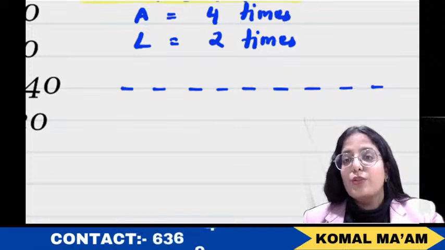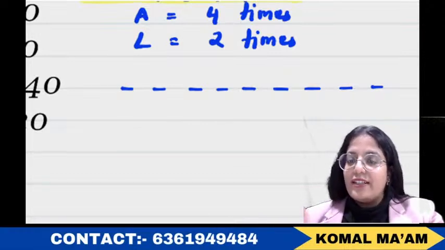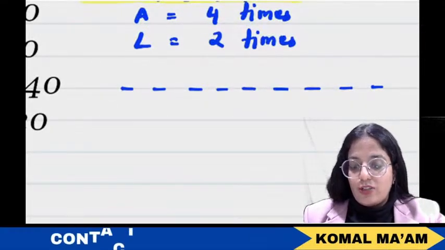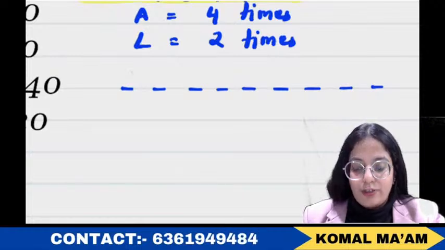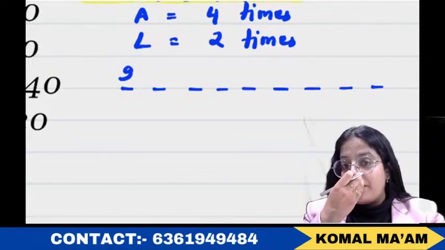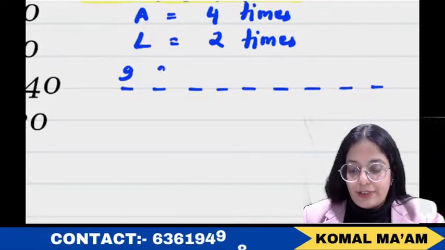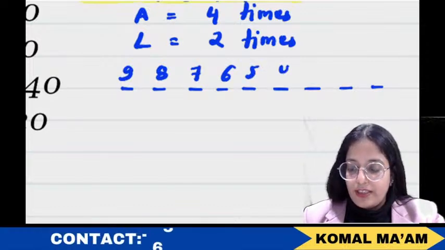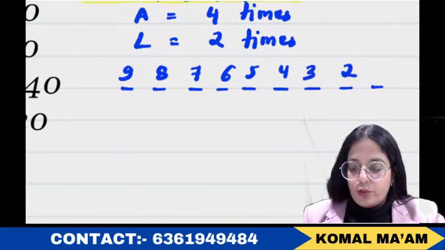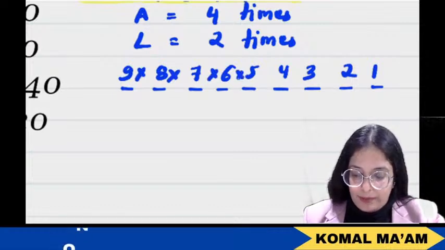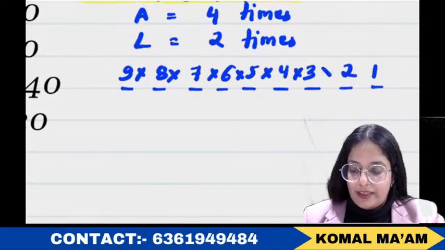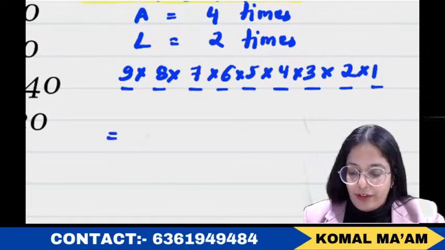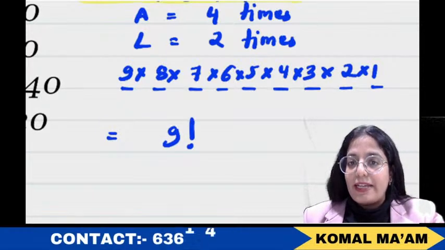For the first place you have 9 options to fill. Out of that, one will sit, you will be left with 8 options for the next place, then 7, then 6, then 5, then 4, then 3, then 2, then 1. Then you need to multiply them. So you will have 9 factorial.